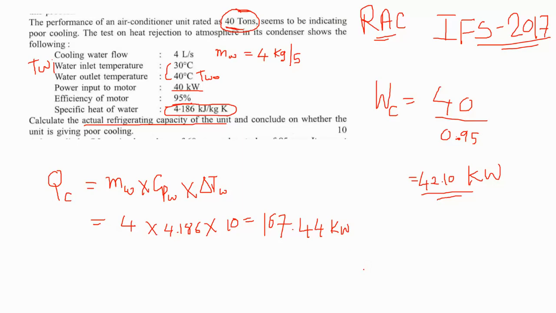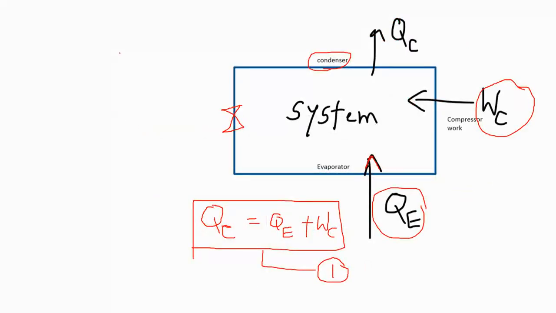Now here put all these values: 167.44 is equal to energy or heat extracted from the evaporator plus power that we have given to our compressor.